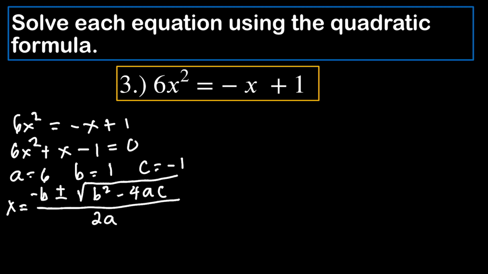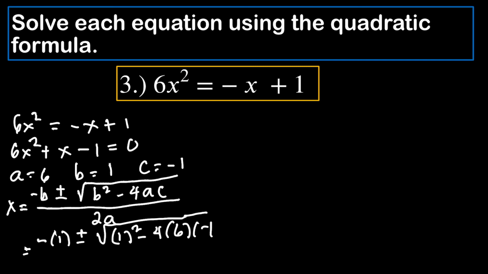So we have negative 1 plus and minus the square root of 1 squared minus 4 times the value of a, which is 6, times negative 1, which is the value of c, all over 2 times 6, because a here is 6.